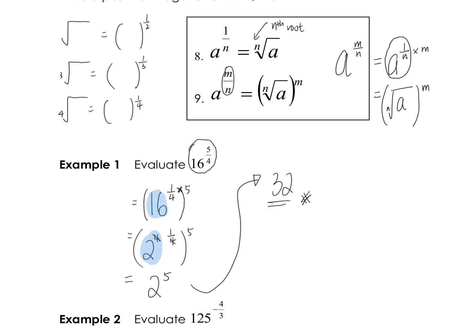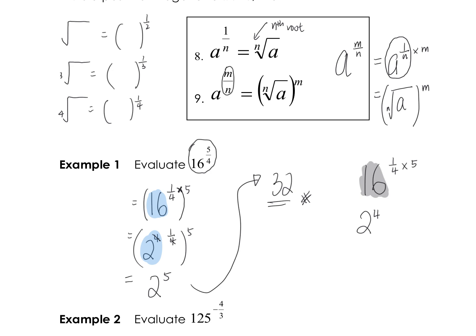First thing first, I don't like to deal with 5/4. So I will split them up as this first. Why? Because I know 16 can be changed to 2 to the power of 4. 2 times 2 times 2 times 2 makes 16.